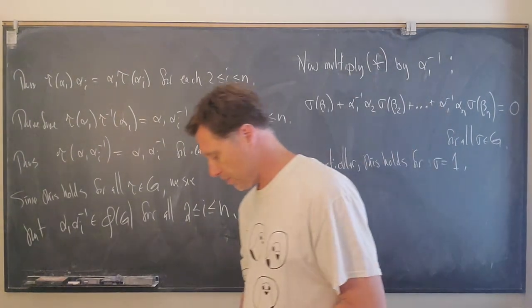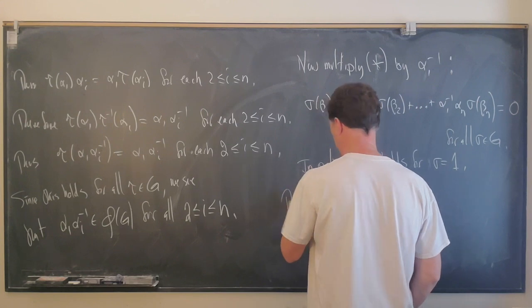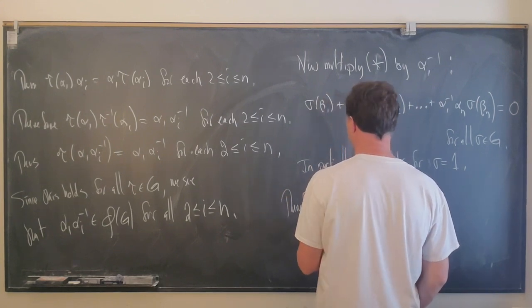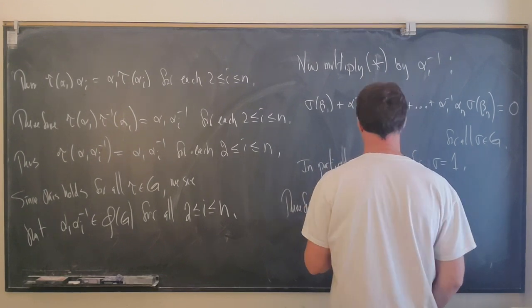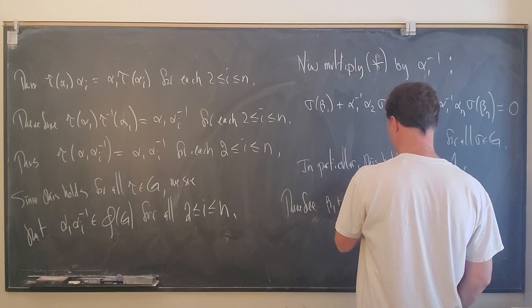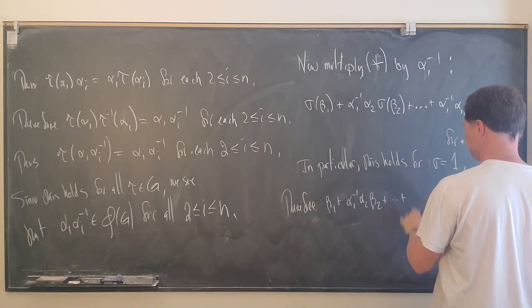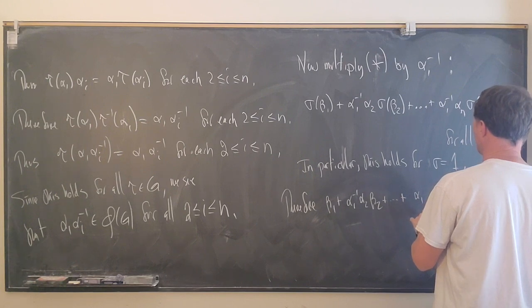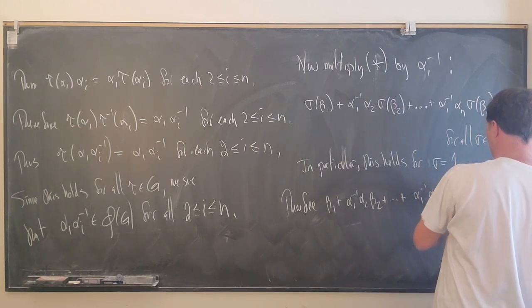And so, therefore, beta 1 plus alpha 1 inverse alpha 2 beta 2 plus dot dot dot plus alpha 1 inverse alpha n beta n equals 0.